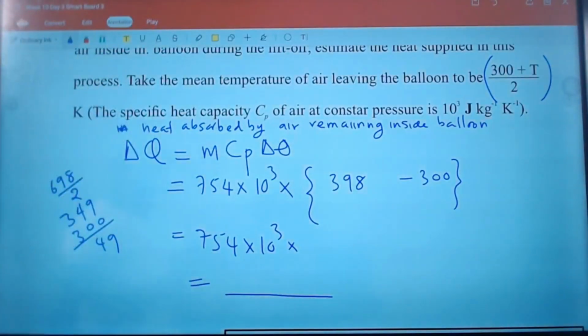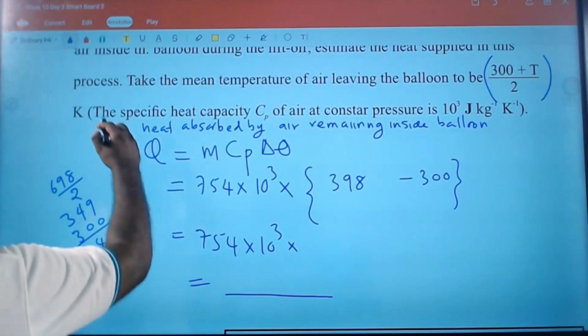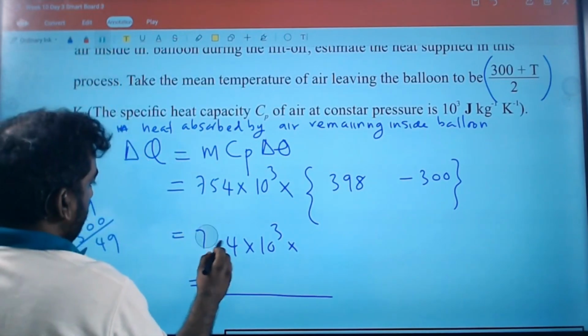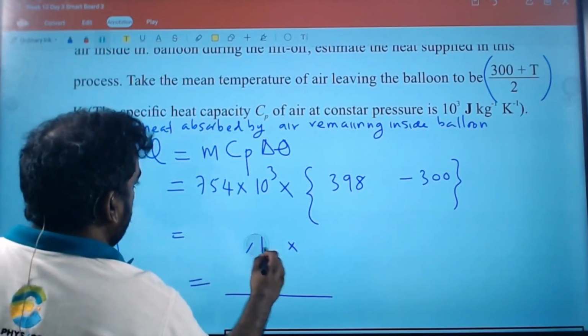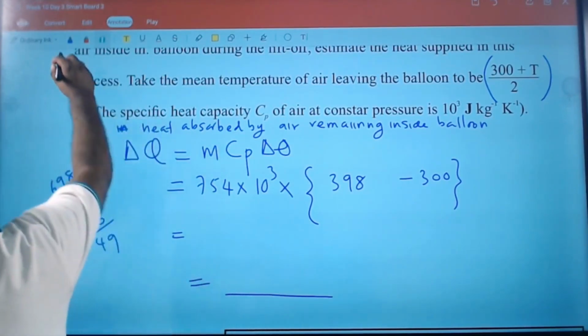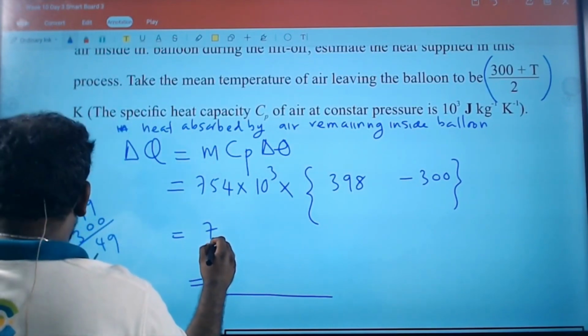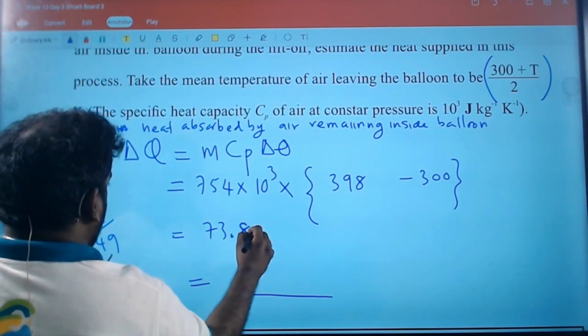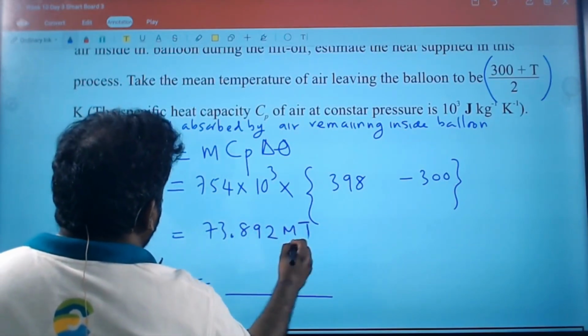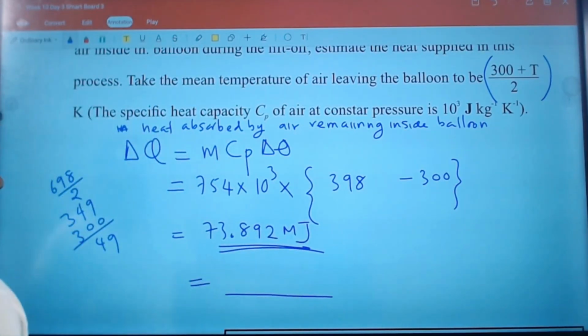So if you multiply here, 754 multiplied by 98. So here you will get, simplify it, 73.892 megajoule remaining inside.